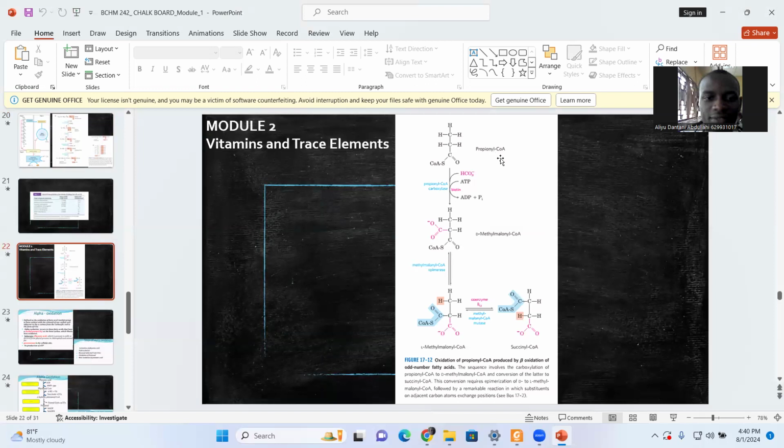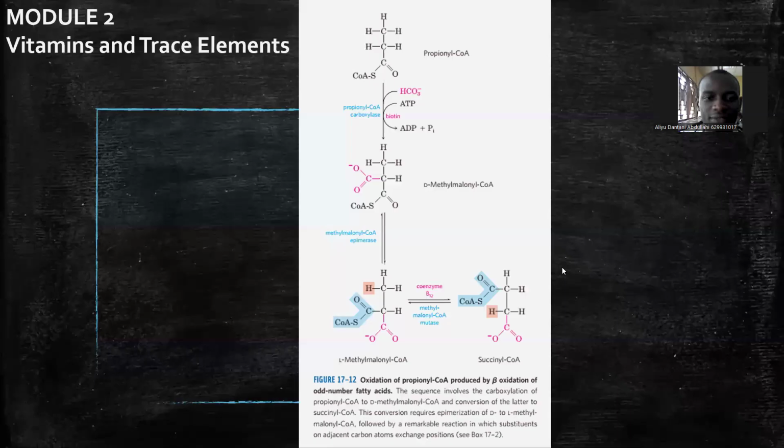Now this propionyl-CoA is metabolized, and the metabolic pathway is shown here. Let me show this as a slideshow. Oxidation of propionyl-CoA produced by beta oxidation of odd-number fatty acids.